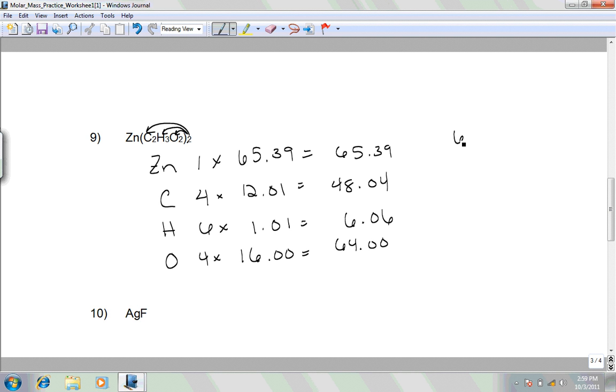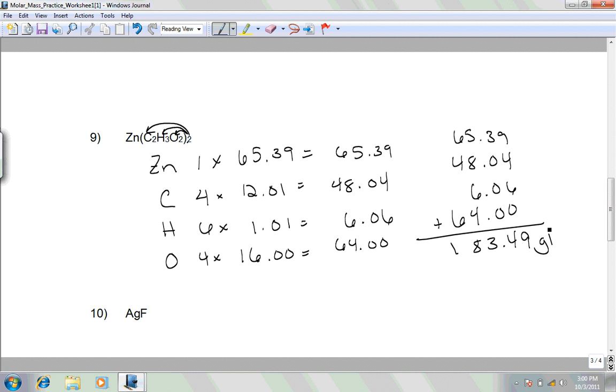We're going to add these 4 numbers together to find the total molar mass. And that comes out to be 183.49 grams per mole.